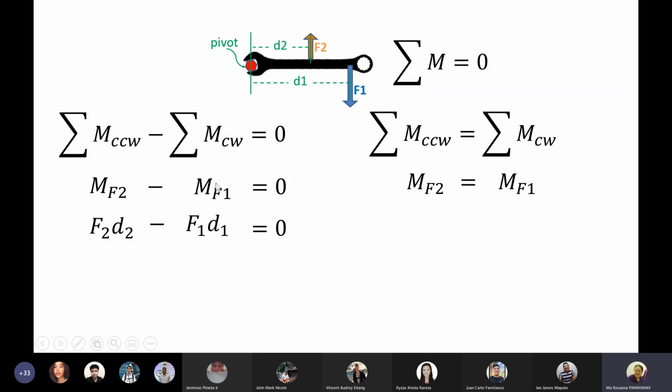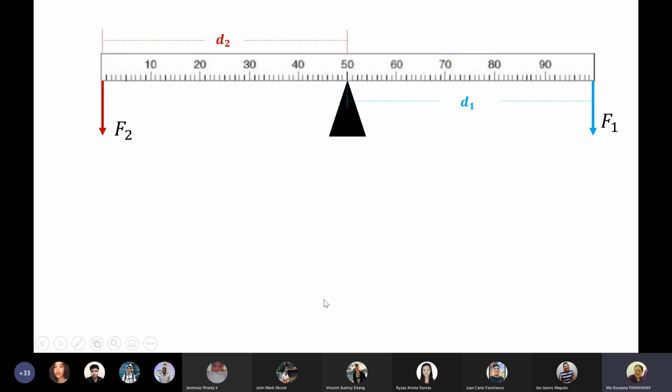So if you move the moment of force of this one to the other side, you are going to make it positive, just like this. And the same, if we substitute the moment arm, F2 D2 is just equal to F1 D1, which is the same as moving F2 D2 and F1 D1 to the other side. Okay, so that is for 2D.